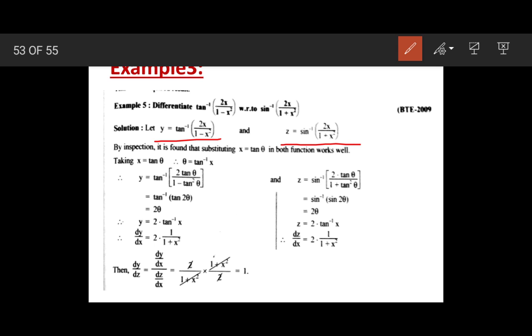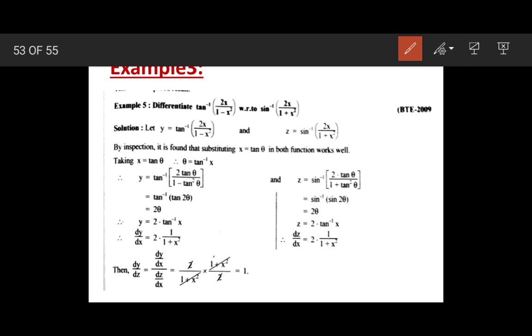Now we substitute x as tan theta. Then we get theta equal to tan inverse x, and substituting in y and z we get 2 tan theta upon 1 minus tan square theta, which is the formula of tan 2 theta.